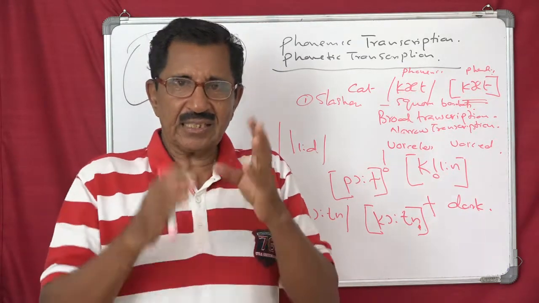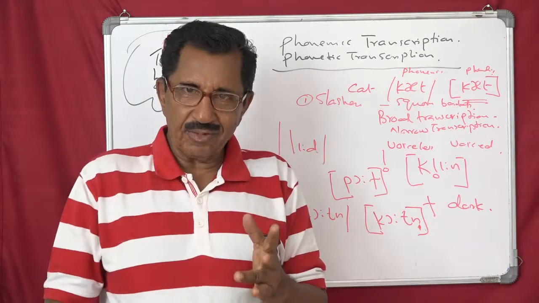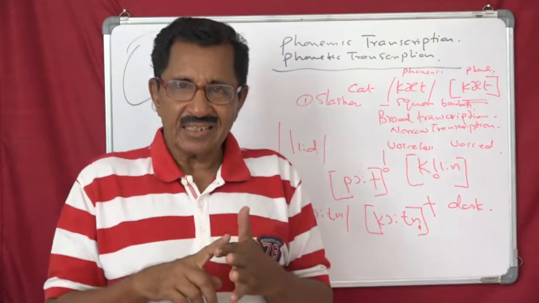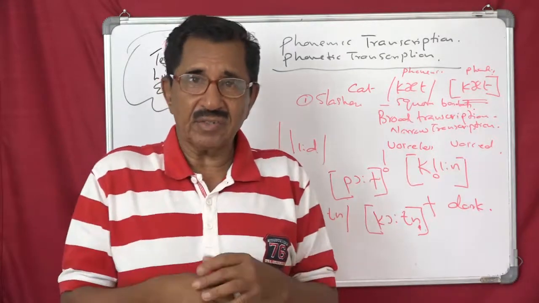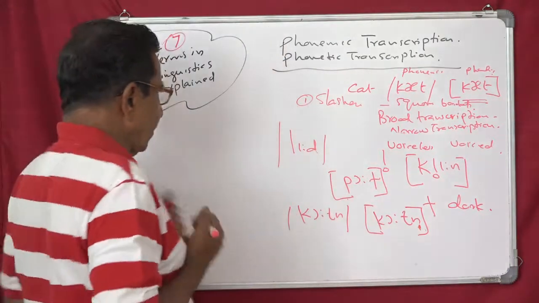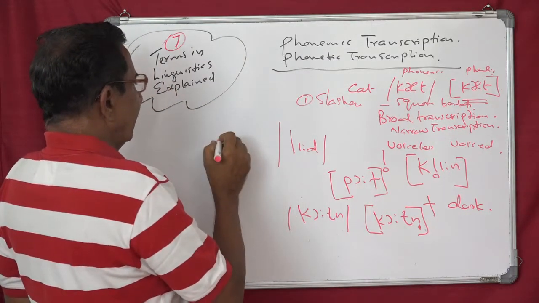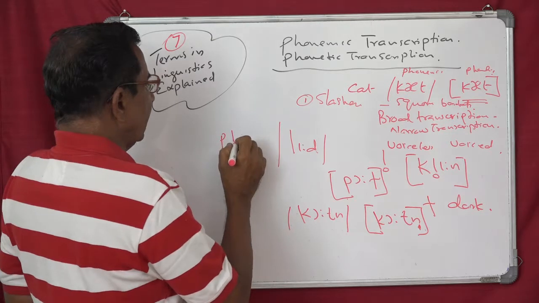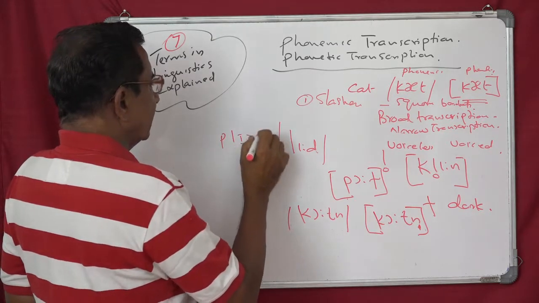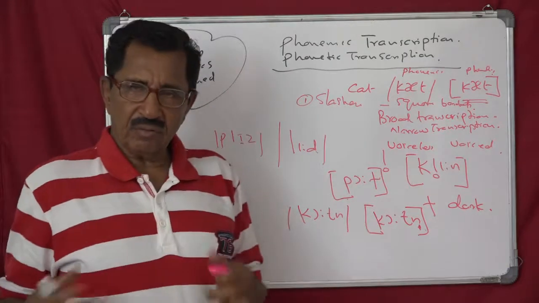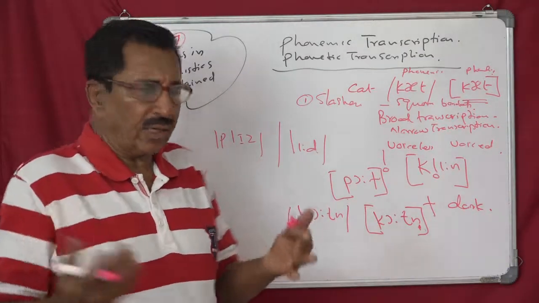For example, whether it is syllabic, whether it is clear L, whether it is voiceless L, whether it is length. For example, you say please, and it can be written like this. So that will be just a general or broad transcription.